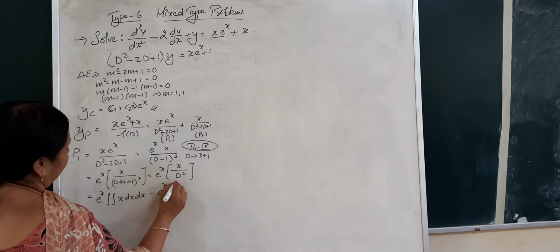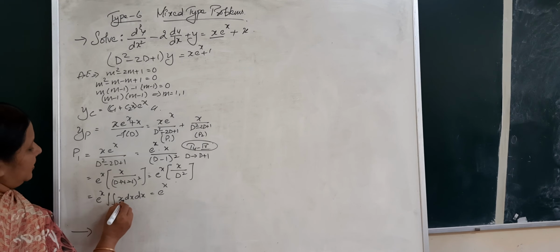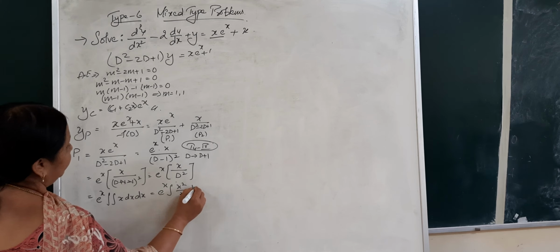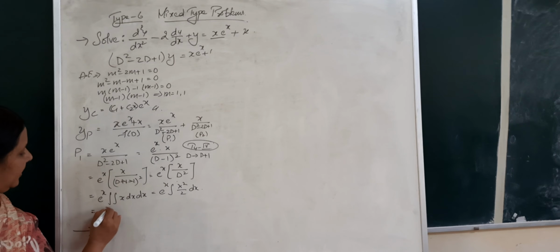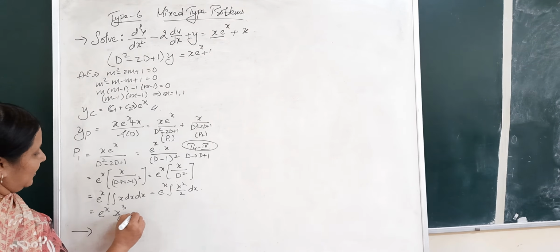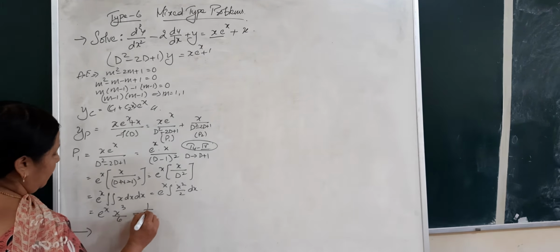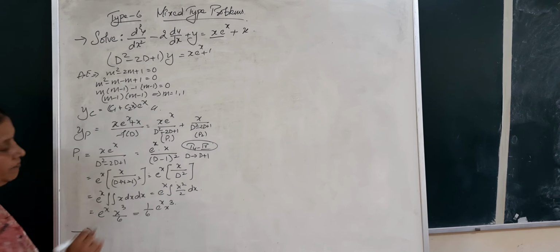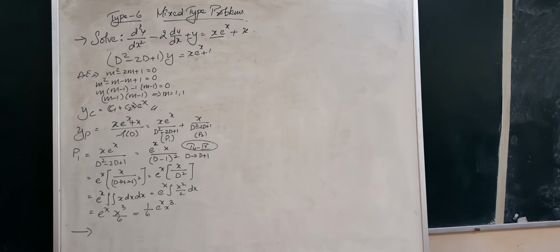So e power x into, now integrating for the first time you get x square by 2 dx. Again integrating for the second time I get x cube divided by 3 twos are 6. That is equal to 1 by 6 e power x into x cube. Understood?